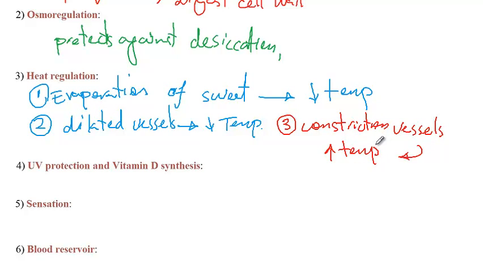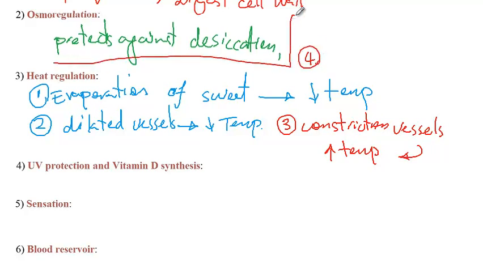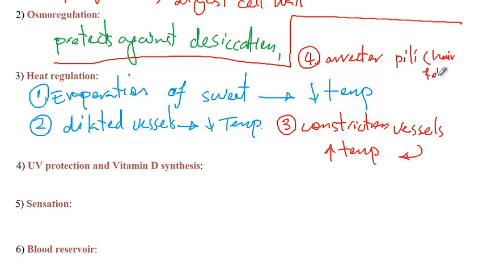Alternatively, if our body temperature drops, that's the time that there would be contraction of the arrector pili, smooth muscles that are attached to our hair follicles, causing development of goosebumps.